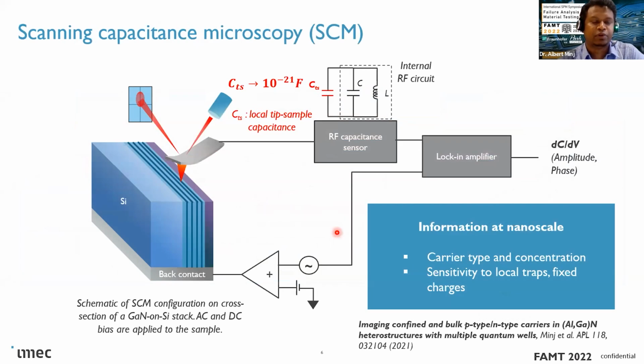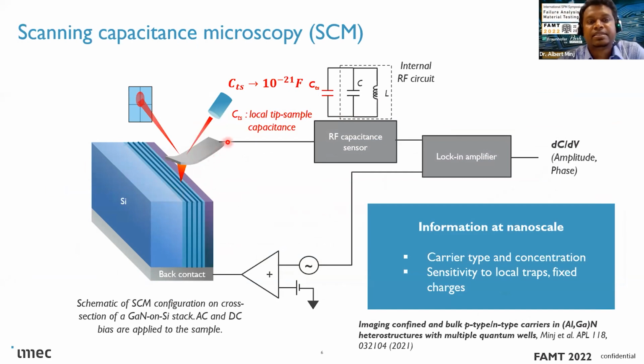So first, I quickly wanted to go through scanning capacitance microscopy in case among the audience there are some who are not aware of this technique, as most of the time I'll be speaking on it. In this case, we make use of a metallic AFM tip to contact the sample, and as the tip hovers around, the local capacitance under the tip changes.